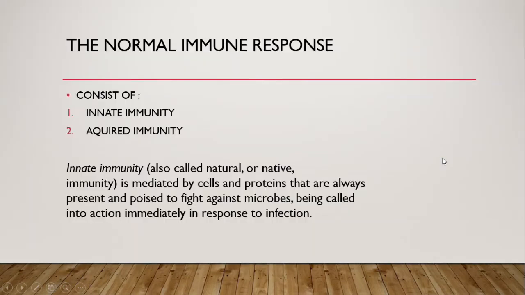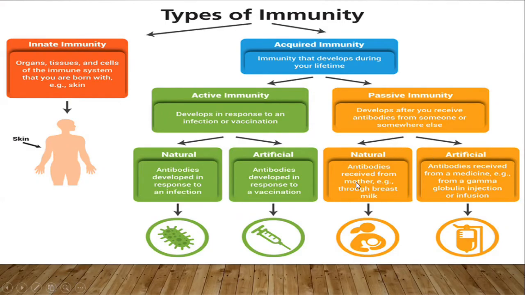For natural passive immunity, an example is breastfeeding. The antibodies are directly transferred from mother to baby. So this is a type of natural passive immunity.